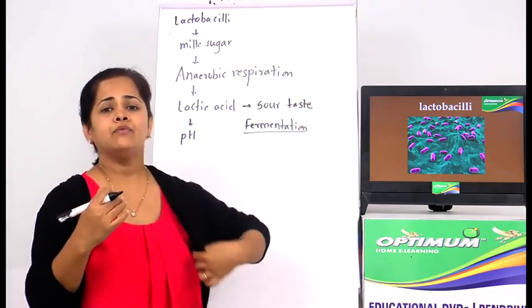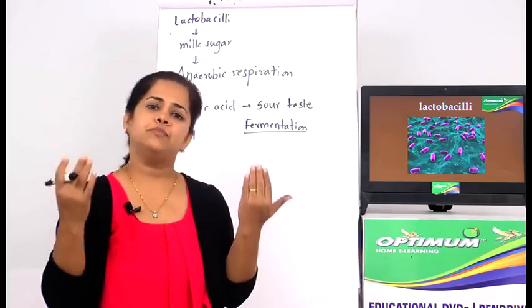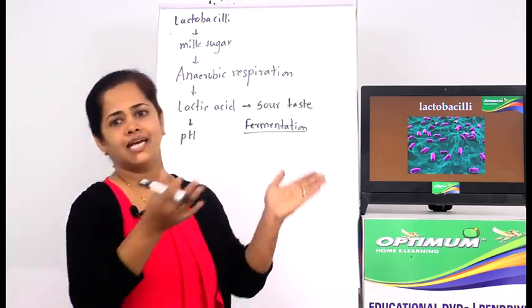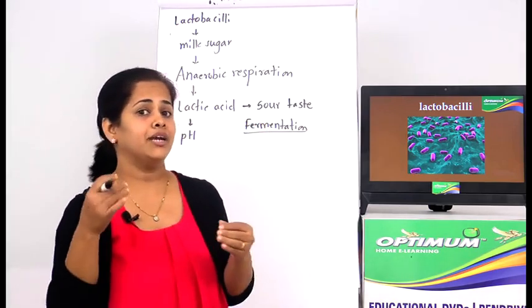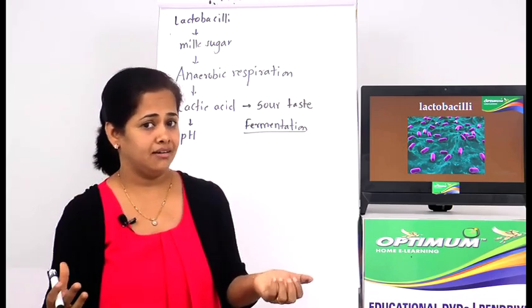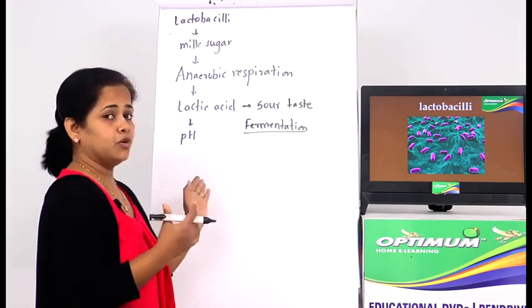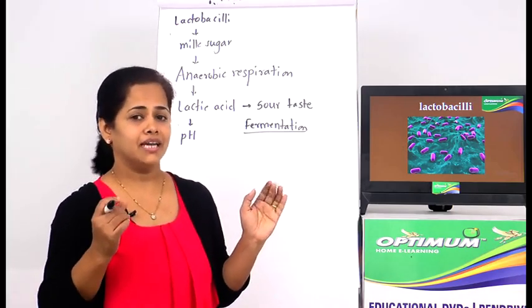Now, sometimes what happens when you make curd and suppose you have kept it in one corner and suppose you forget for 2 days that it is lying in that corner, and then if you take it and try to taste, what happens is the curd has become extremely sour. And now by understanding the process, will you be able to answer this question? Please give it a moment and think about it.